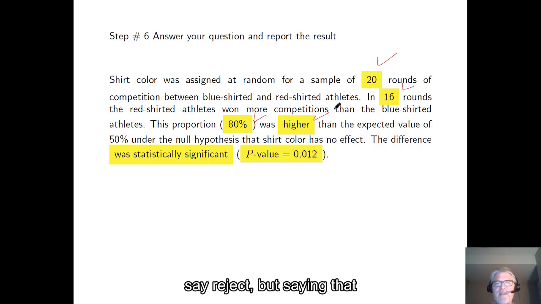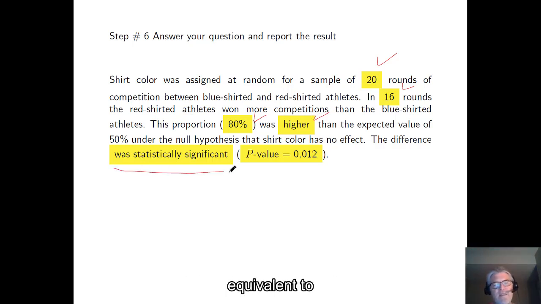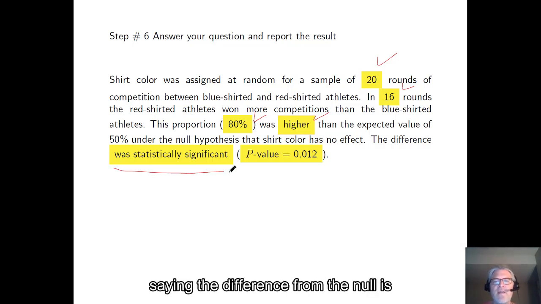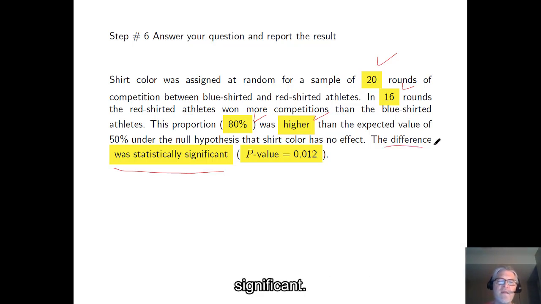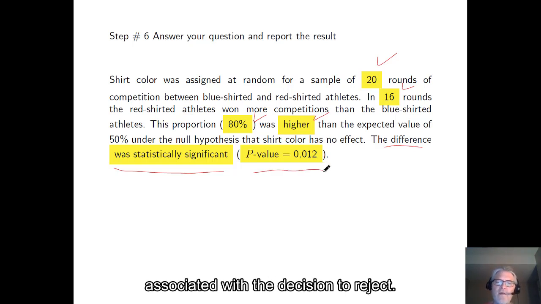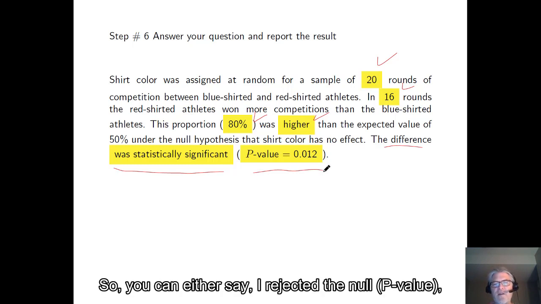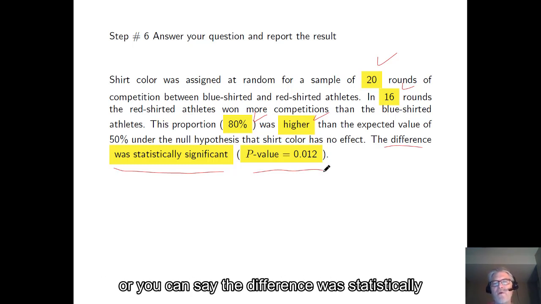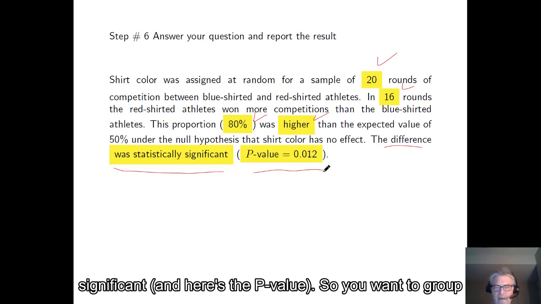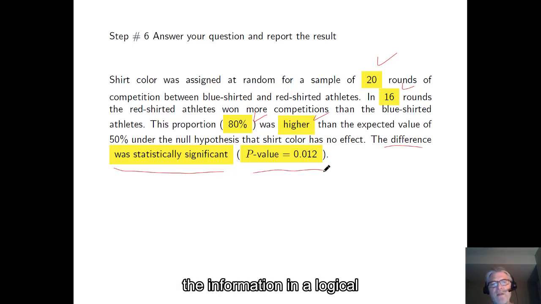I didn't explicitly say reject, but saying it's statistically significant is equivalent to that. Saying the difference from the null is significant. And then I reported the p-value. And that p-value is associated with the decision to reject. So you can either say we rejected the null with this p-value, or you can say the difference was statistically significant, and here's the p-value. So you want to group the information in a logical way as well.